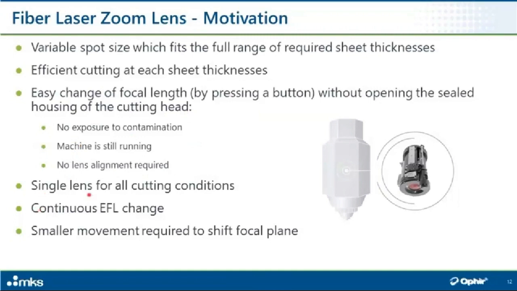Single lens for all cutting conditions, as I said, continuous focal length change, and also we can have smaller movement required to shift the focal plane. So with this zoom lens, we can also control the position of the focal plane, and we will see an example soon.